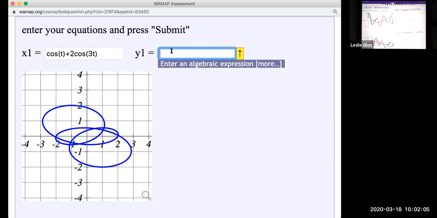My x graph is cosine of t plus 2 cosine of 3t. And my y graph is sine of t minus the sine of 3t.